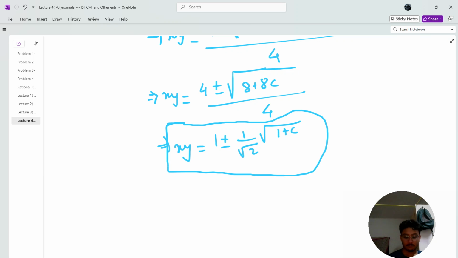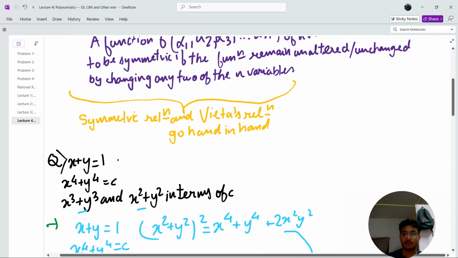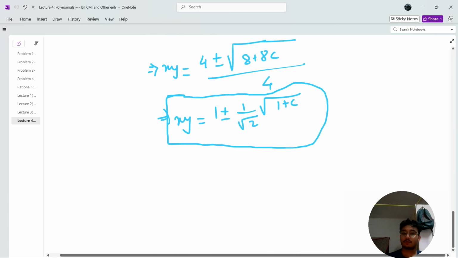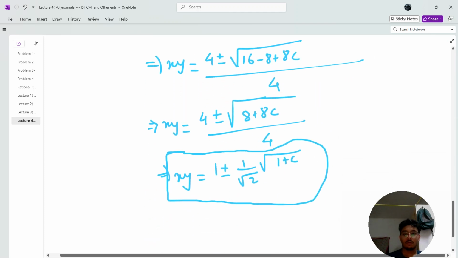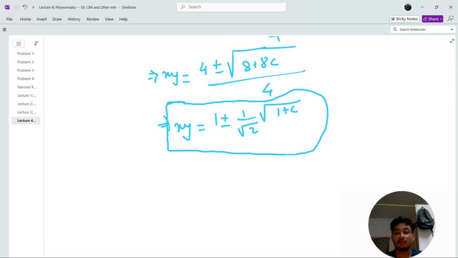Now, what was our aim? Aim was to find x square plus y square in terms of c. xy we know. x plus y is also known to us, I guess. So my x plus y is 1.